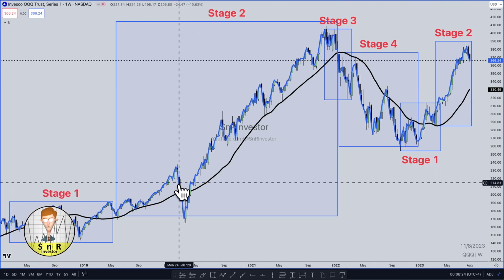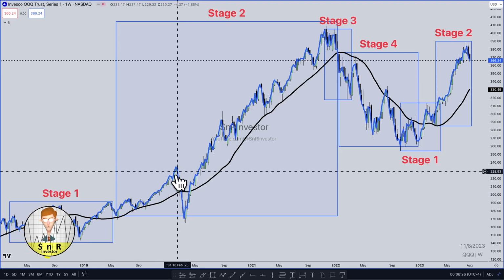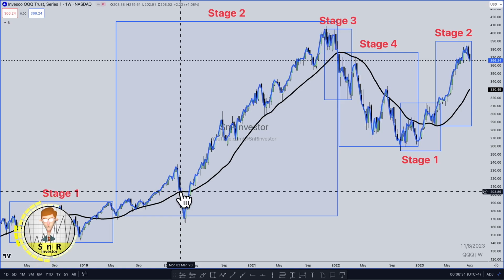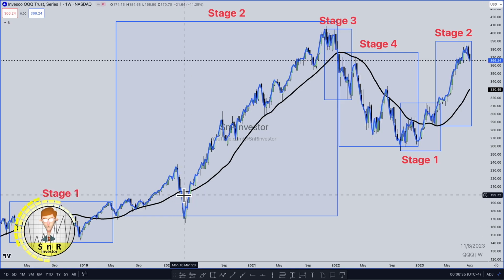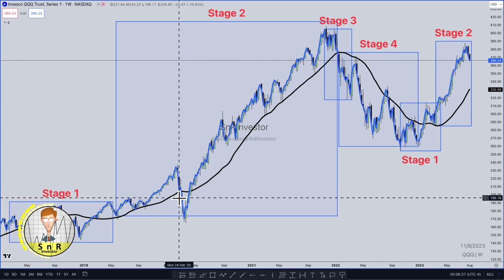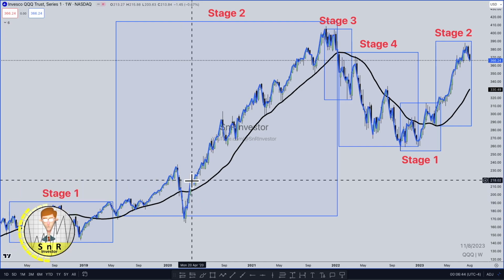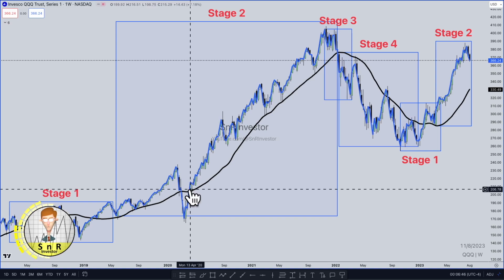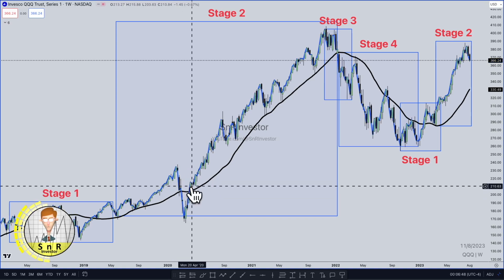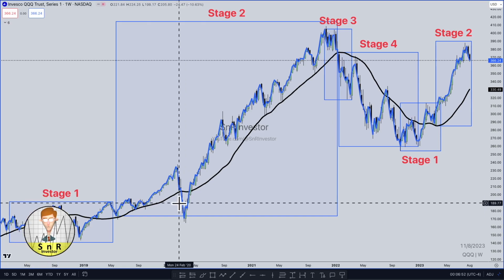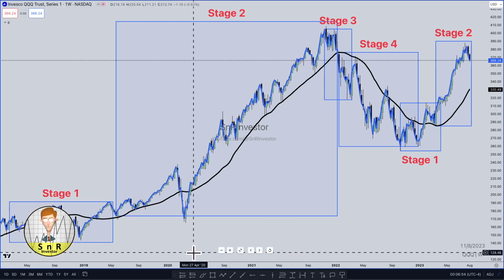So similar during COVID panic, there was a sell-off and price moved below the 30-week moving average. So if you wanted to protect your portfolio, when there's a weekly candle close under the 30-week moving average, you could have closed your investment and waited for price to move back up over the 30-week moving average before you re-enter into your investment, just to protect your capital from any potential more severe downside.